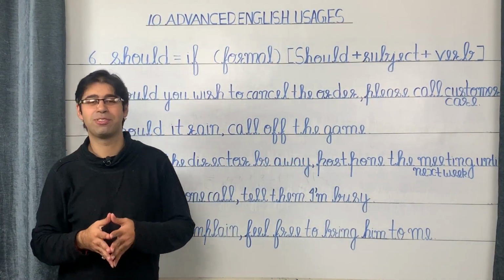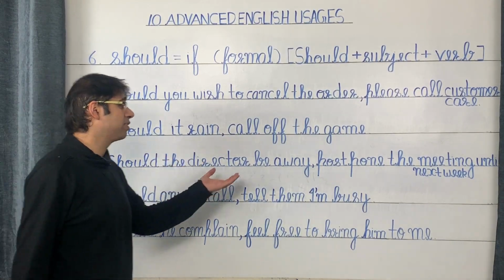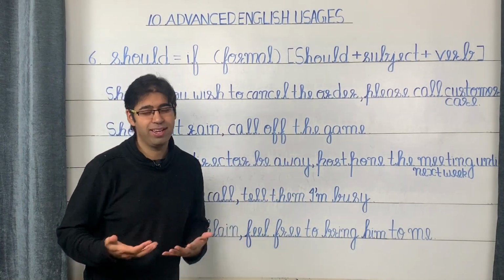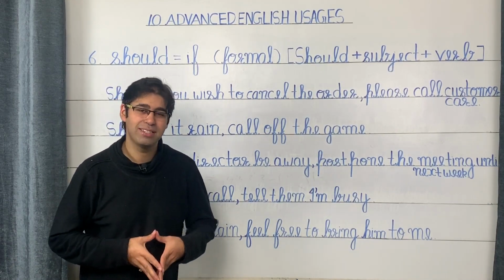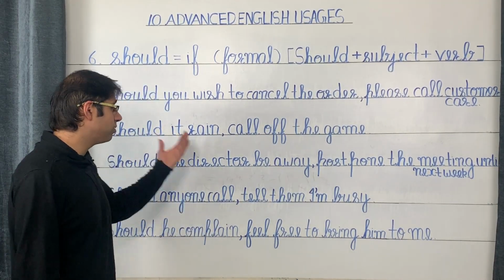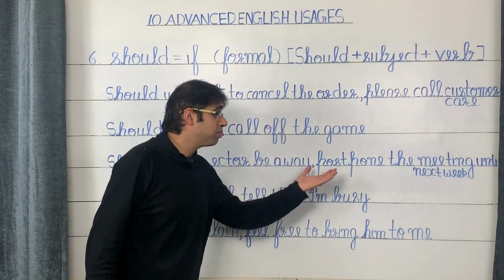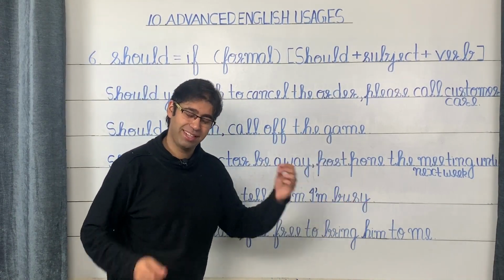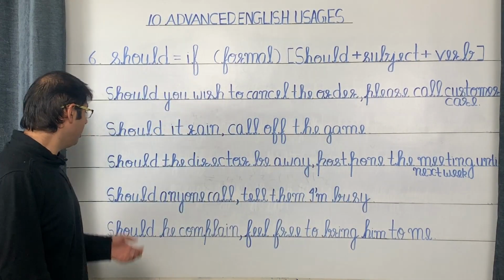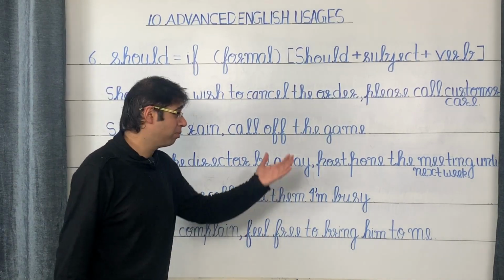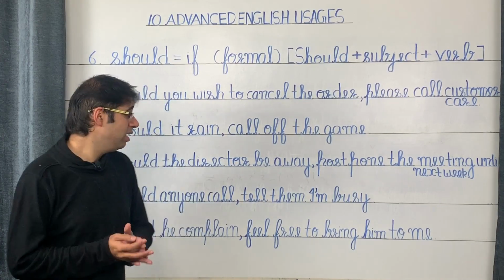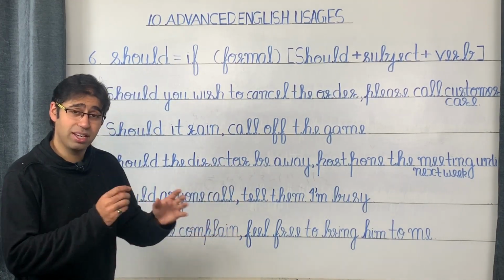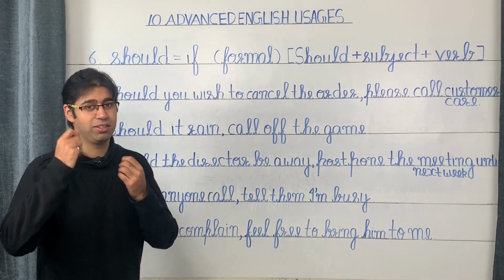Our third sentence reads, should the director be away, and away is another way of saying not available for a meeting. So you've got that sentence once again as, should the director be away, postpone the meeting until next week. And that's the exact same as saying, if the director is away, postpone the meeting until next week. Now, surely you have noticed that be turns to is in case of if, as in if the director is away.